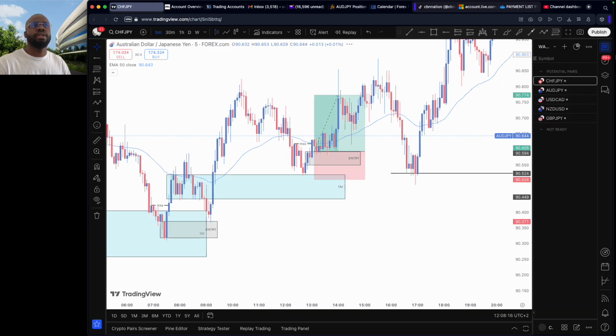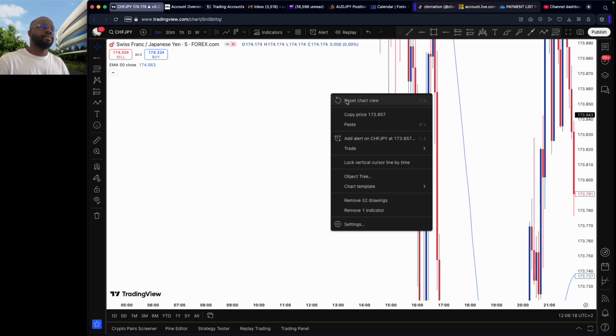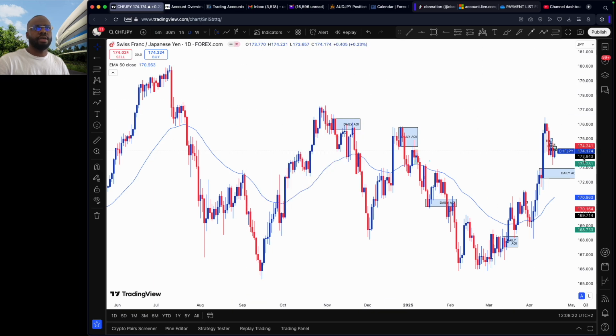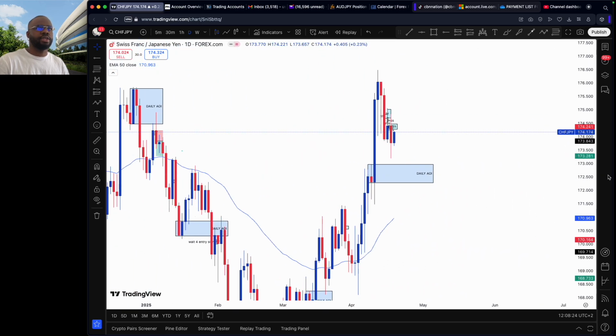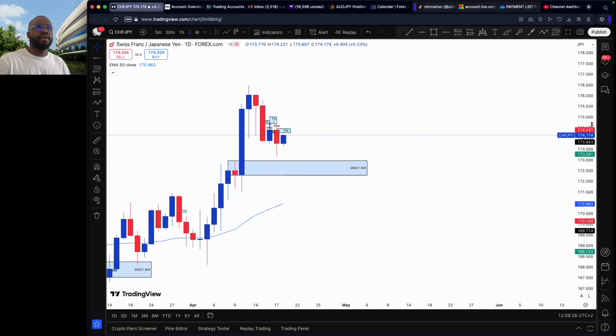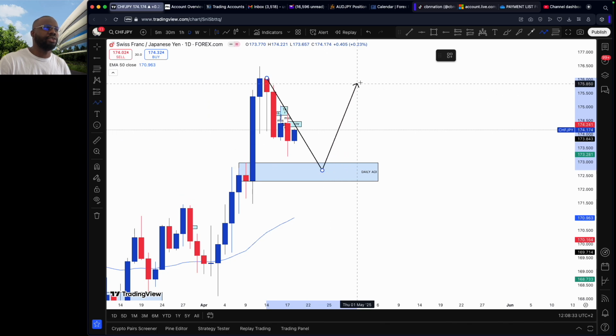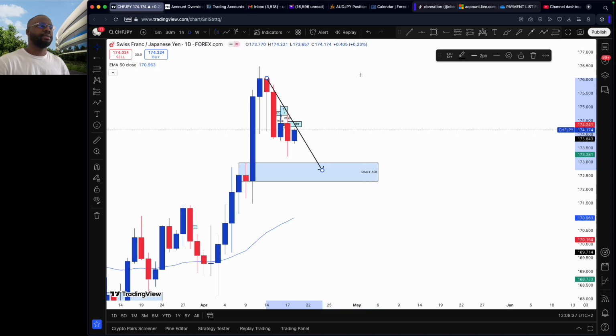Starting from next week, I have CHF JPY. As you can see on CHF JPY, I was anticipating price retracing back to the daily area of interest before we can actually take a buy to the upside.